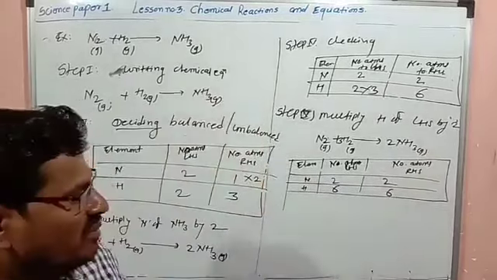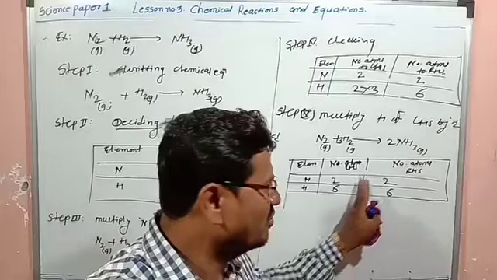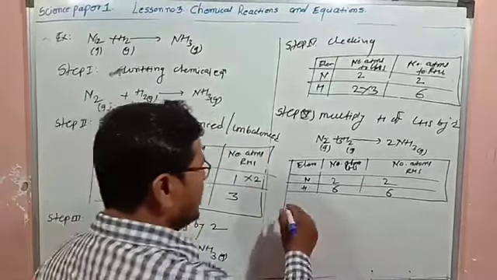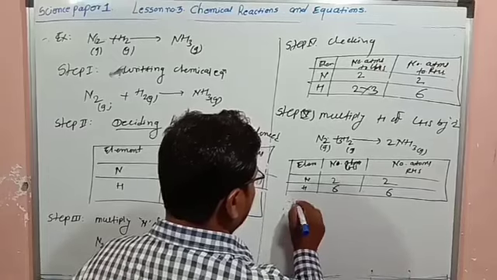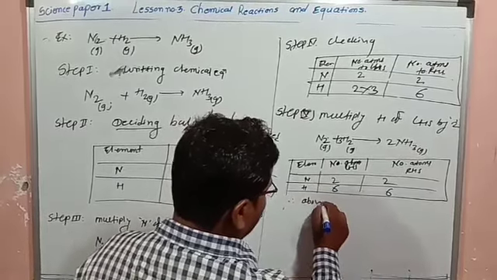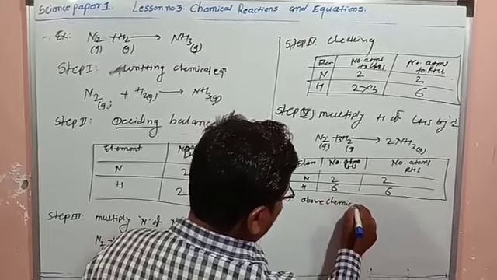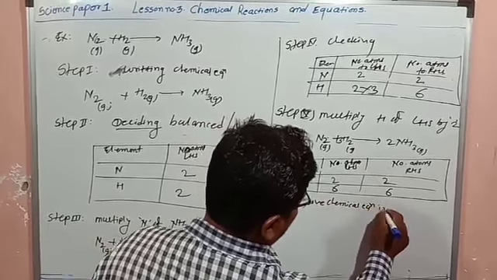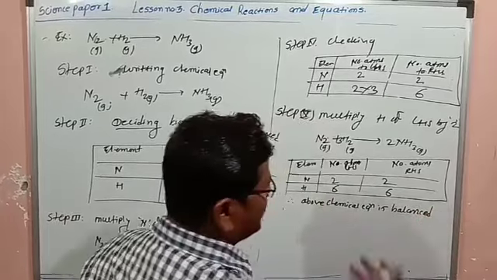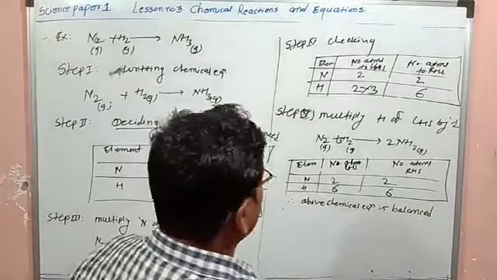So the number of atoms of nitrogen and hydrogen on the LHS and RHS become equal, and therefore the above chemical equation is balanced. Why? The number of atoms on the LHS and RHS is the same.